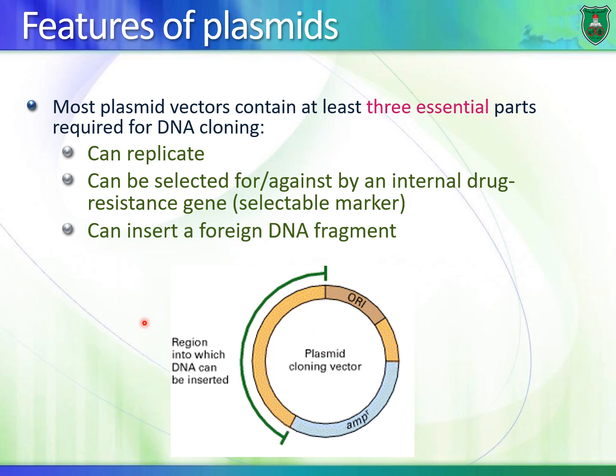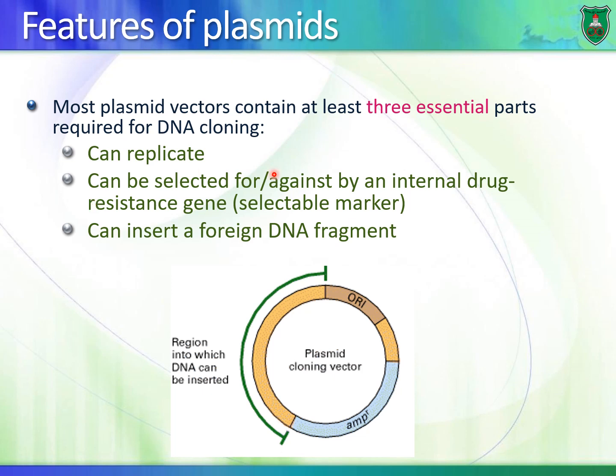Another important feature is that plasmids can be selected. What do we mean by that? If a bacterial cell has a plasmid, I must select it versus bacterial cells that do not have plasmids.